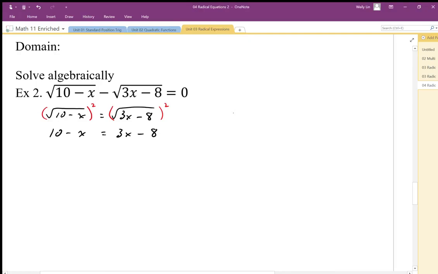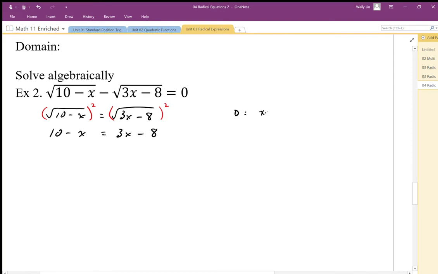I really should maybe set my domain first. So my domain, and in this case, there is no outside restriction because I cannot set the square root equal to another expression. So we're only going to end up with 2 inside restrictions. We're going to end up with x has to be equal to 10 or less than 10, otherwise we get negative.